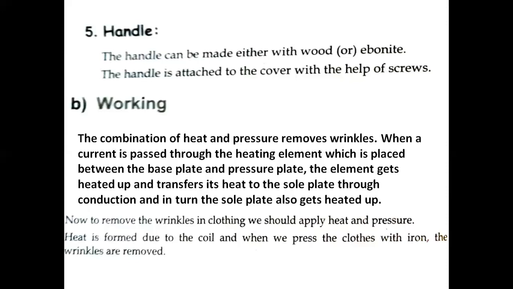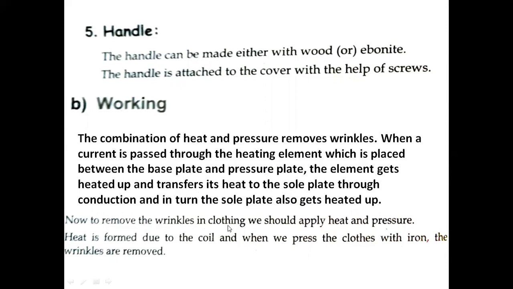Working. The combination of heat and pressure removes wrinkles. When a current is passed through the heating element, which is placed between the base plate and pressure plate, the element gets heated up and transfers the heat to the sole plate through conduction, and in turn the sole plate also gets heated up. It is a heating effect only.